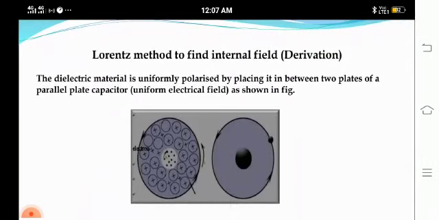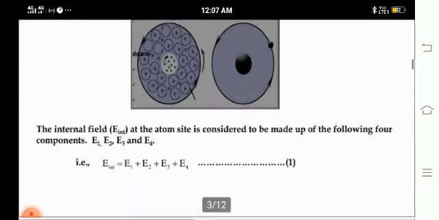Lorentz method to find the internal field. The dielectric material is uniformly polarized by placing it in between two plates of a parallel plate capacitor, as shown in the figure. We keep the dielectric material inside the two plates of the parallel plate capacitor in order to get uniform polarization.